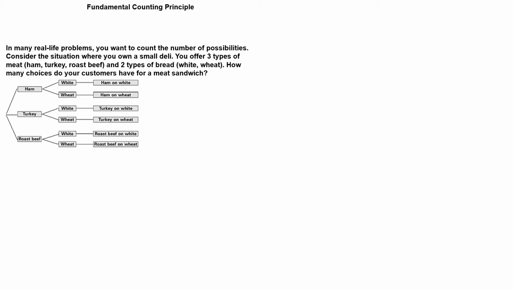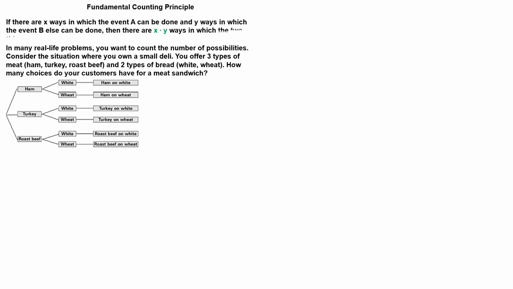The fundamental counting principle states that if there are X ways in which event A can be done, and Y ways in which event B can be done, then there are X times Y ways in which the 2 things can be done, one after the other.